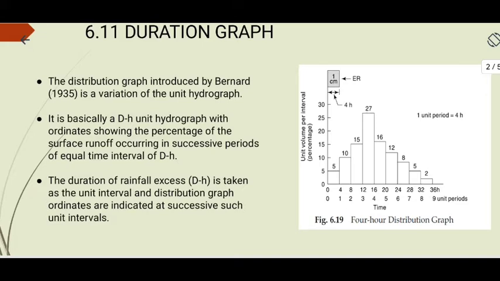The use of the distribution graph to generate a direct runoff hydrograph for a new effective rainfall hyetograph is exactly the same as that of a unit hydrograph. Distribution graphs are useful in comparing the runoff characteristics of different catchments.